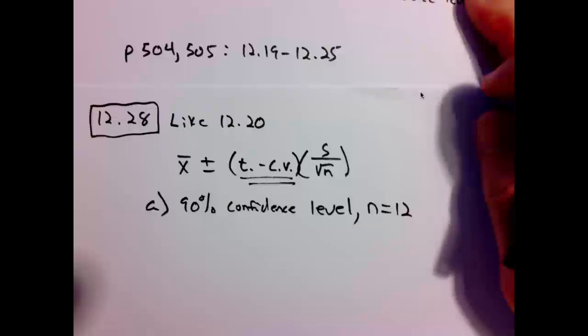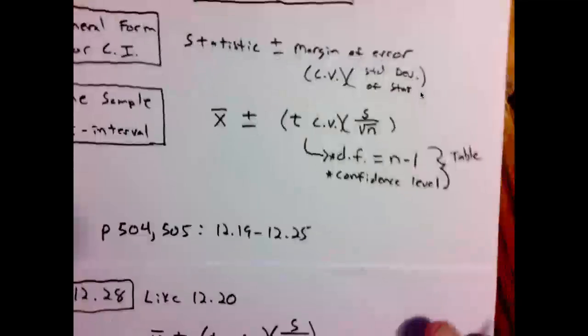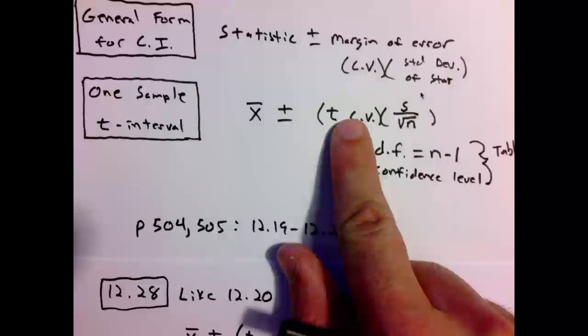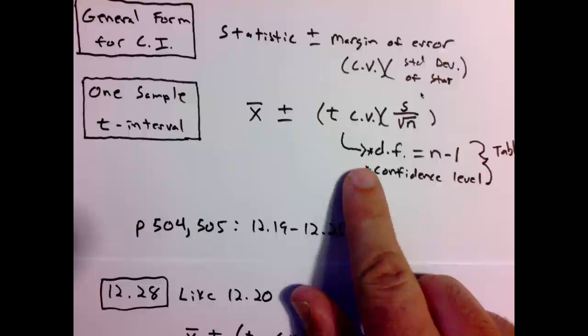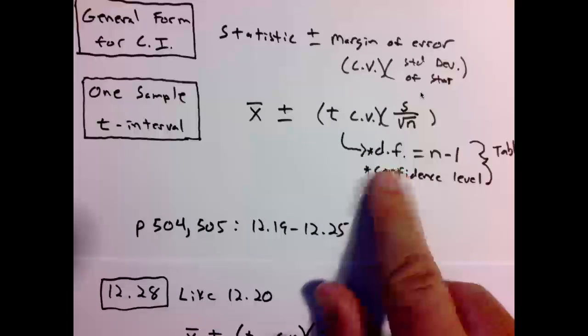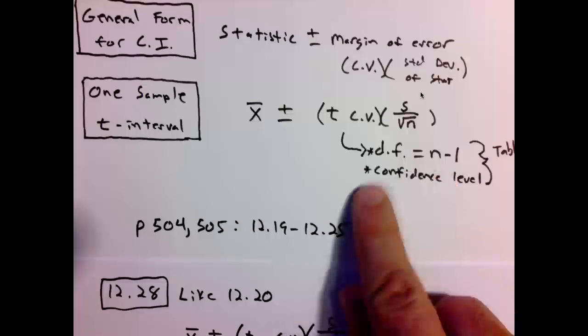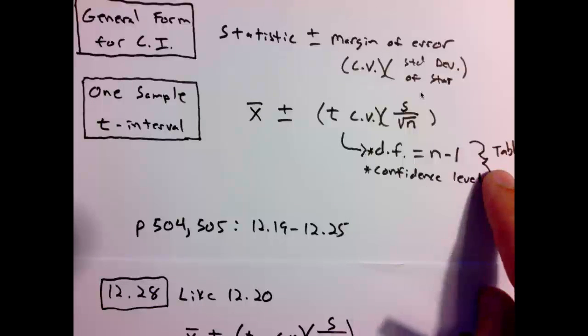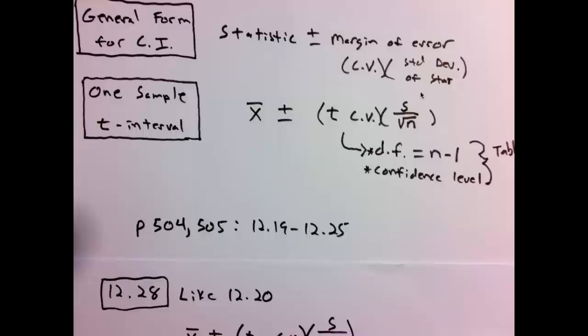Remember from earlier in our notes, this t critical value is a function of two things. It is dependent on our degrees of freedom, which has to do with our sample size, and our confidence level. And once we have these two things, we're simply going to look on that table.